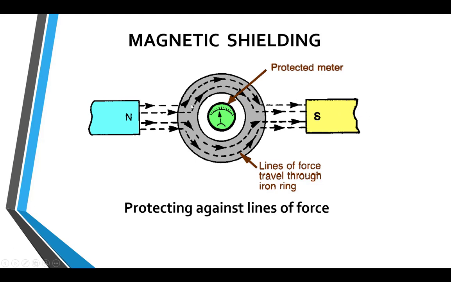Because magnetic flux, as we'll see here in a little bit, it likes to travel through ferrous materials, and it's a lot easier for that to happen than to flow through air. So coming in here and given a choice of traveling through metal or traveling into air, the magnetic lines of flux travel through the metal.